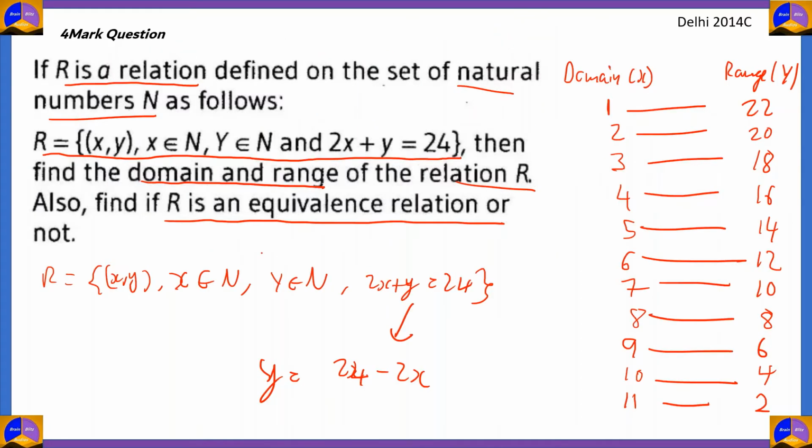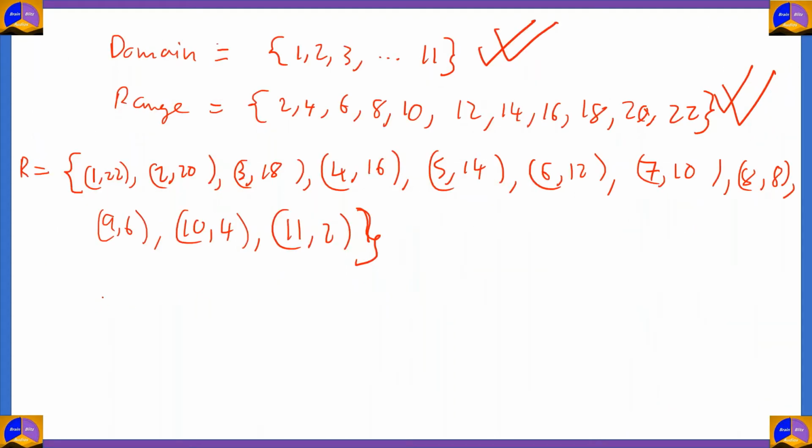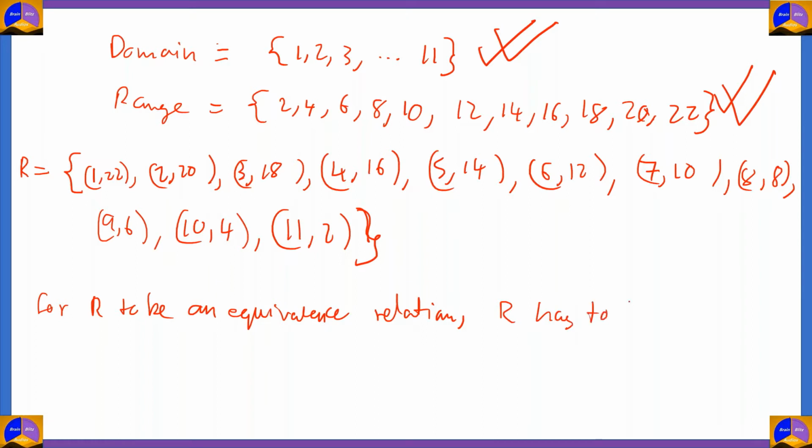The second part of the question is asking us to find out if R is an equivalence relation or not. What are the conditions for R to be an equivalence relation? For R to be an equivalence relation, R has to be reflexive, symmetric, and transitive.